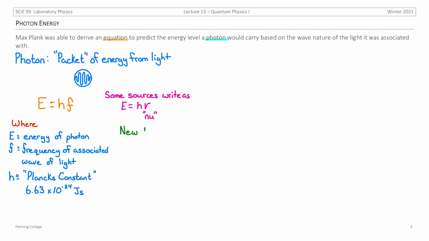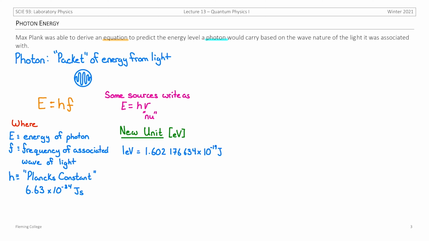With this consideration of energy, we need to consider a new unit. We're going to consider the electron volt. So an electron volt measures the exact same quantity as joules, and they can be converted back and forth. So 1 electron volt has been set as 1.602176634 times 10 to the negative 19 joules.